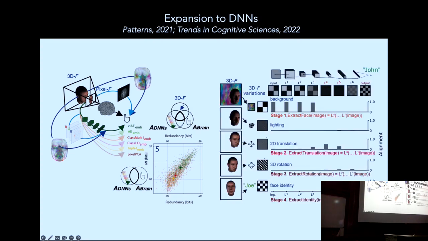And then once you control the stimulus features, you can also go into the layers of the DNN to understand up until which layer the DNN represents, say, variations of lighting, of translation, of rotation, or face identity, or even represents the background. So here, after layer 3, the background is reduced. It's not part of the representation anymore. Whereas identity only emerges as a representation from layer 5 or layer 4 onwards, and the task, of course, here is a face identity task.